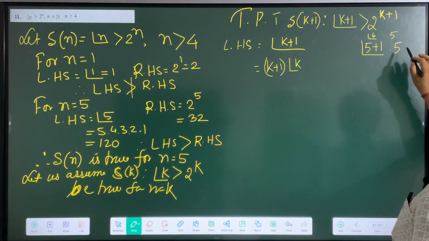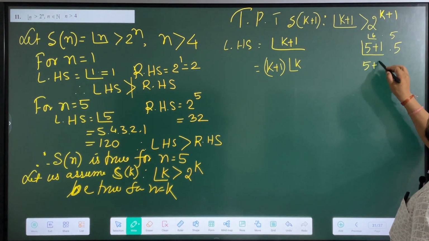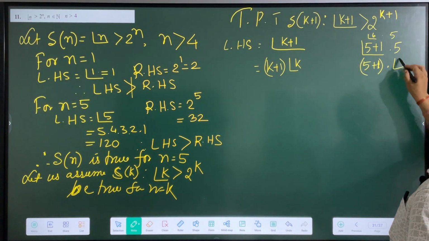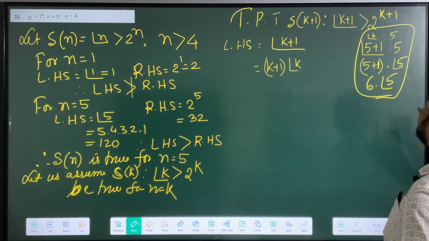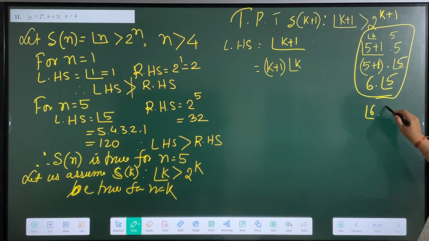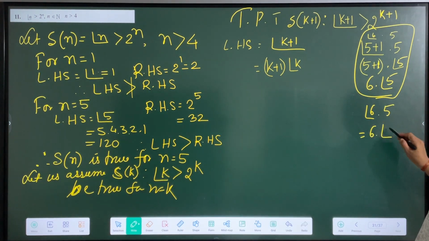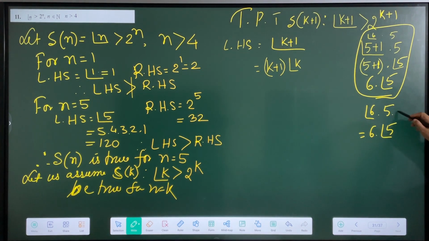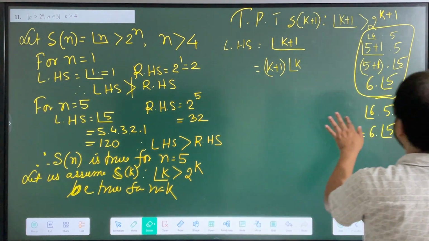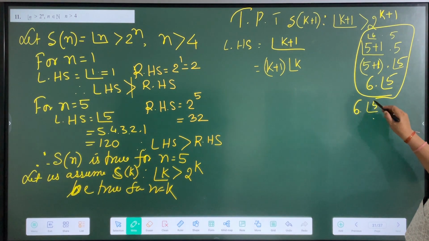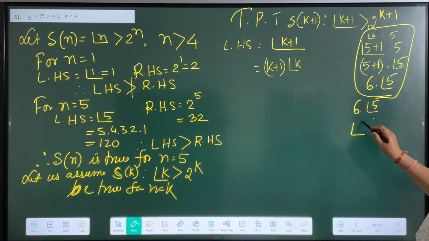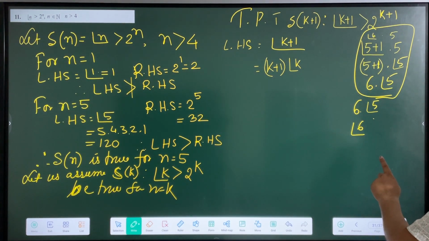So 5 plus 1 into factorial 5, or 6 into factorial 5, or factorial 6, all have the same meaning.